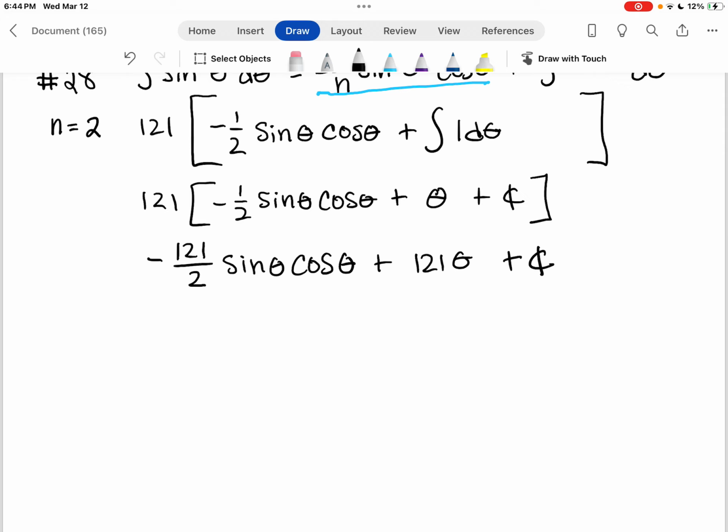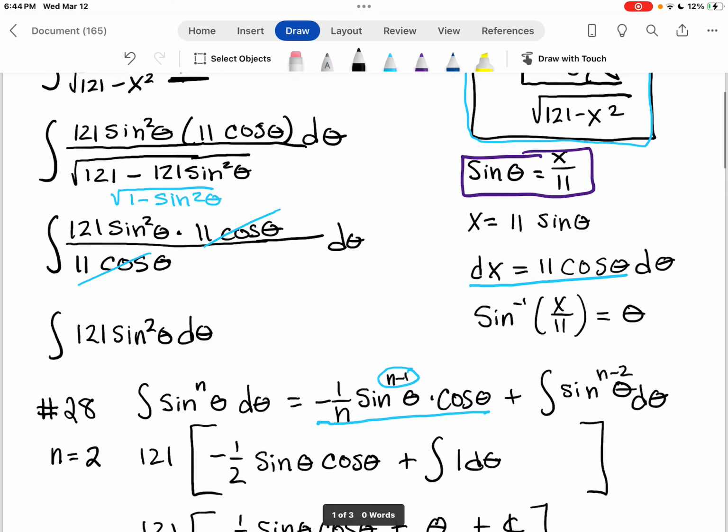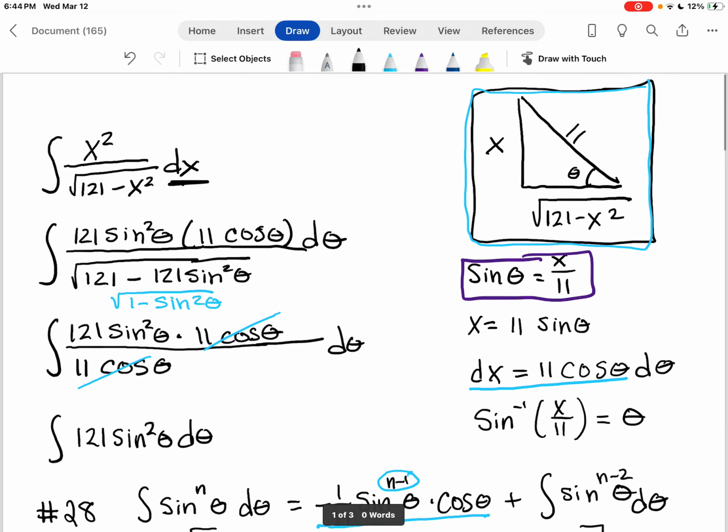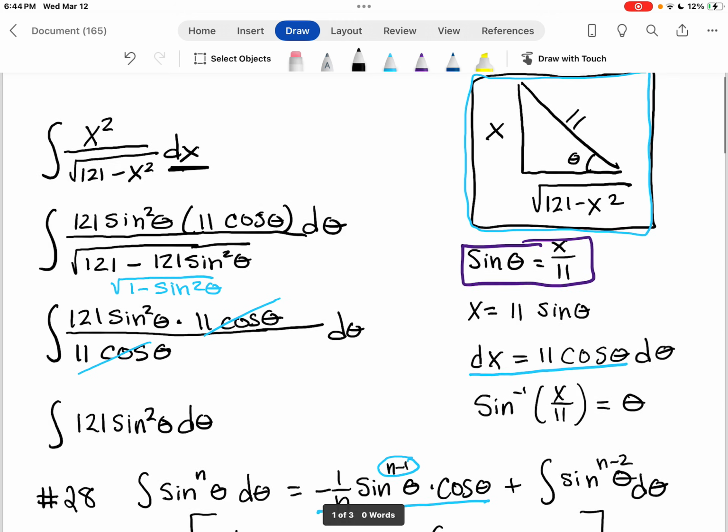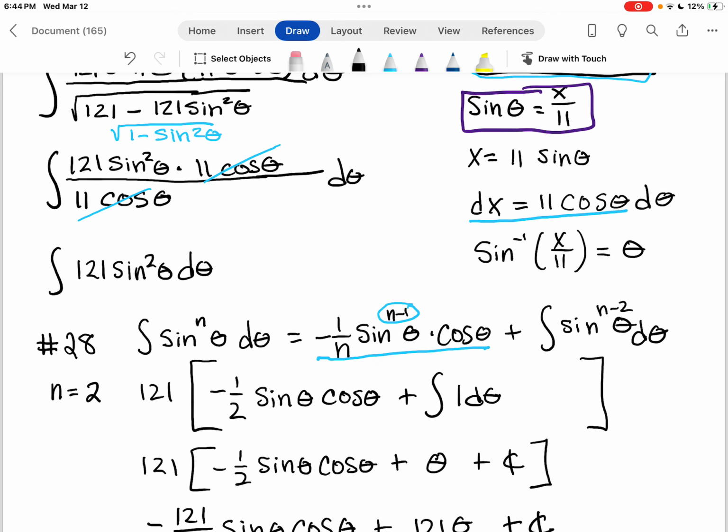All right, now here comes the part where we need to back substitute. Our original question had everything in terms of x, so we want to make sure that our answer is in terms of x. And this is where theta comes in handy. We need to change all of our thetas into inverse sine of x over 11, so we have everything in terms of x.